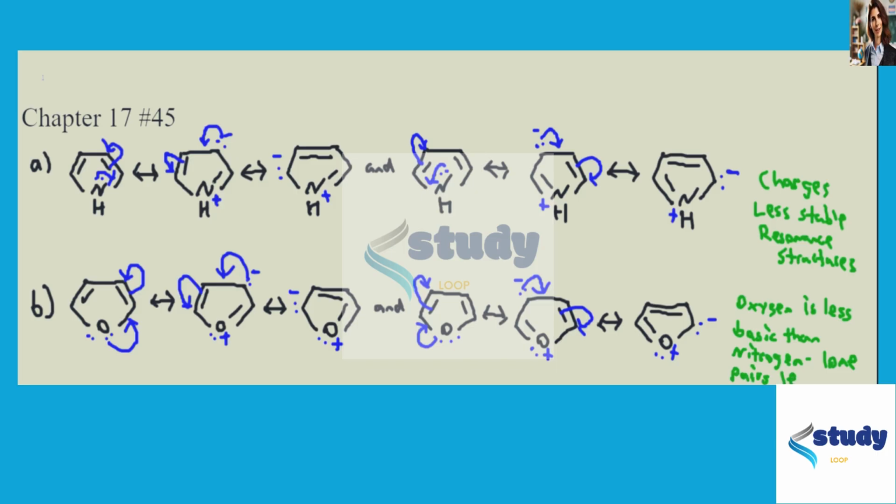So let's say that the lone pairs are less delocalized. Since they're less delocalized, these charge-separated versions, these four resonance structures that we drew where there's a positive charge on the oxygen and a negative charge and a lone pair on one of the carbons, they contribute less to the resonance hybrid. And so there's really less resonance going on. And so furan is less resonance stabilized. And that's the answer to chapter 17, problem number 45.